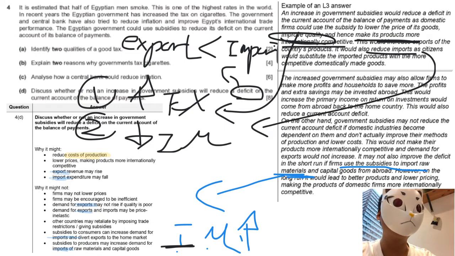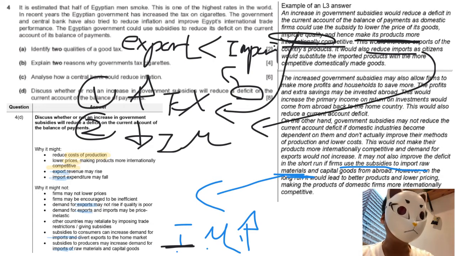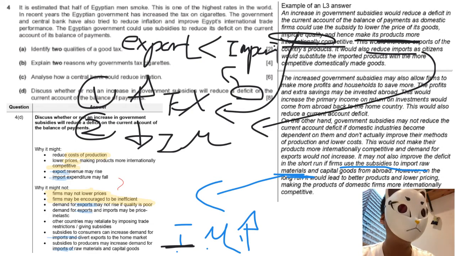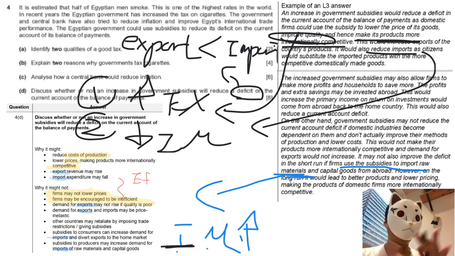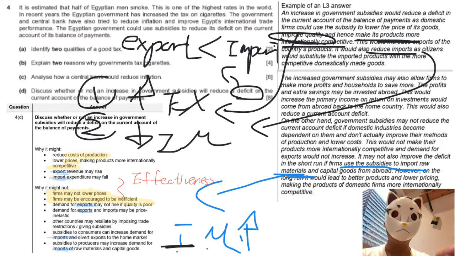Say for example, you might consider the cost of production, the price and competitiveness, and the effectiveness of encouragement. That means, even though the government gives subsidies, the firm may not adjust the price, or may not adjust their production method.